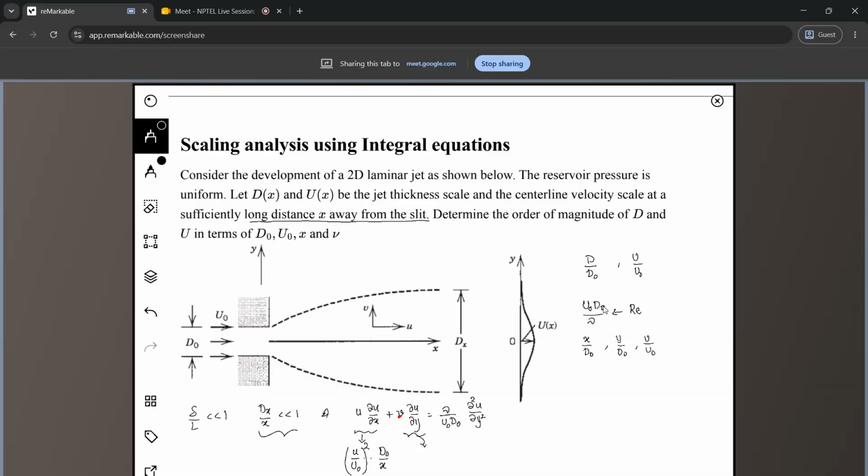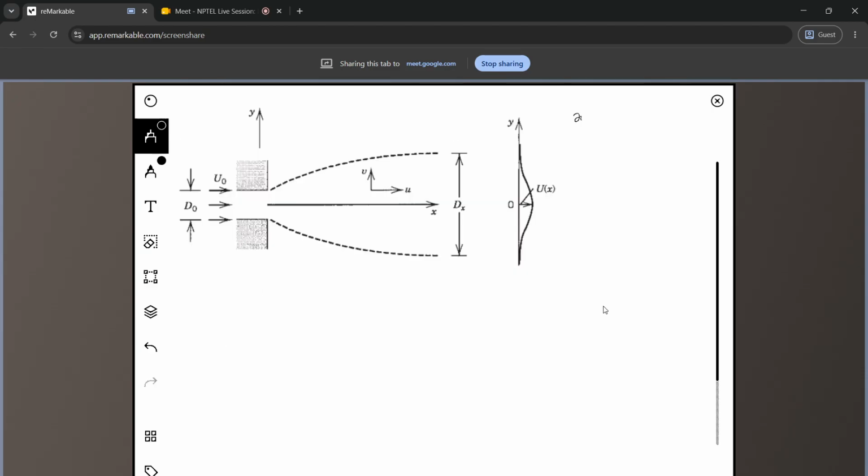How will I get the scaling of v? What did we do in the boundary layer analysis? So one is the Navier-Stokes equation. The other equation that we have is the continuity equation. So from the continuity equation, we can write del u del x plus del v del y equal to 0. So from this, we can get the scaling for v. So u will scale as u by u naught.